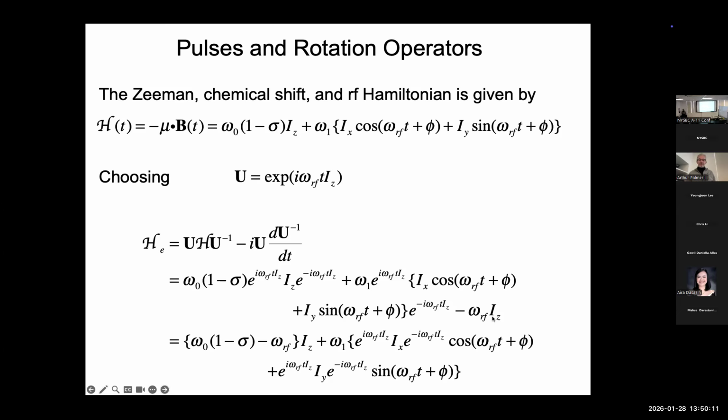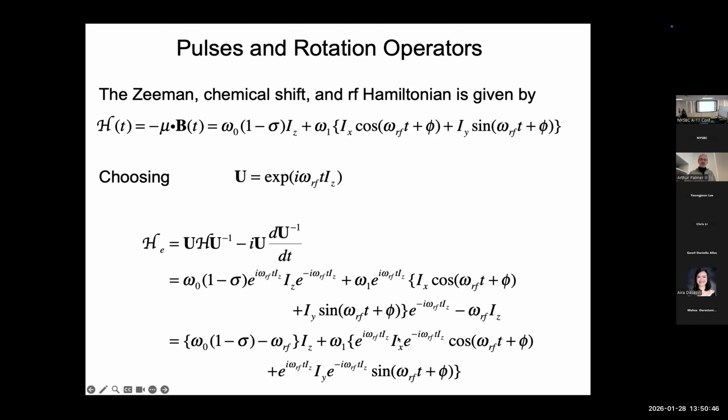So I have to work out what these individual terms are. The first one is easy. A rotation around the z-axis doesn't do anything to Iz. They commute. I just get this. And I've taken the omega naught minus omega RF times Iz and lumped it in with the other Iz terms.